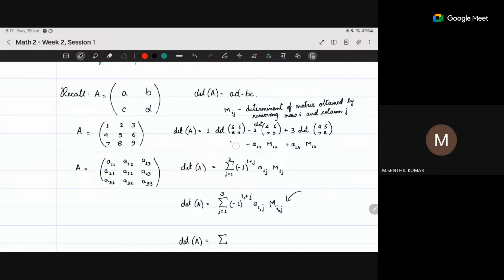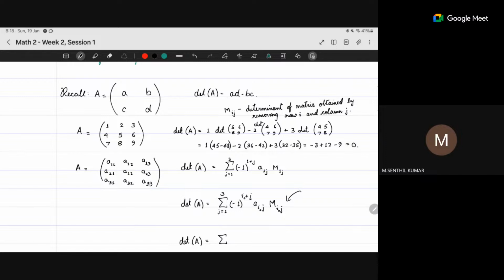So let us actually do the computation. This would be 1 times something like 45 minus 48, minus 2 times 36 minus 42, plus 3 times 32 minus 35. If I make any computational error, please let me know. This would be minus 3, minus 2 times minus 6, plus 3 times minus 3, that is minus 3 plus 12 minus 9.